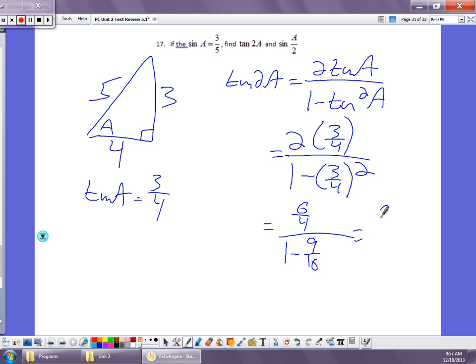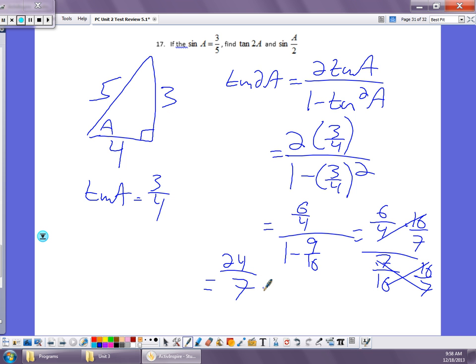So 6/4 over, what's that? 7/16. And we know now that we just multiply by the reciprocal of the denominator. So you get 24 over 7 would be the final answer. And you do the same thing for sine of A over 2. That's just a different identity that you're plugging it into.